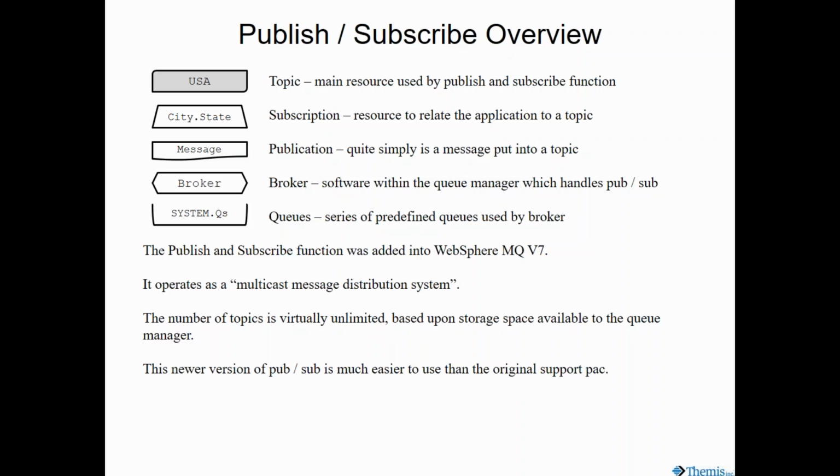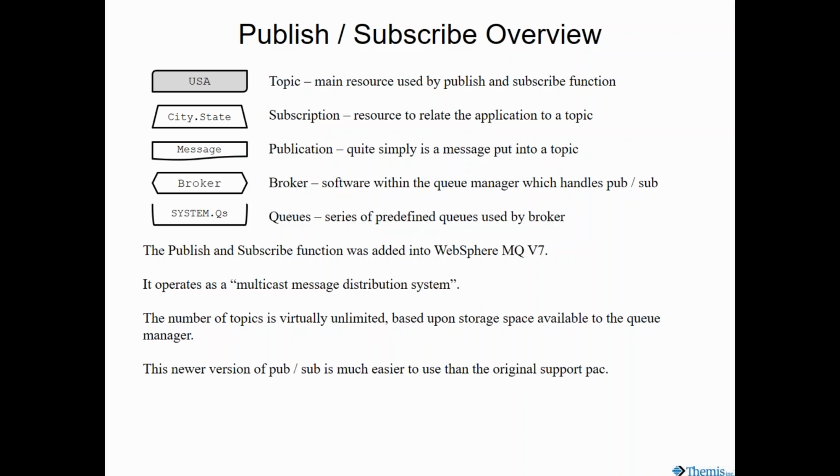As I said, it's been in MQ since version 7, embedded as part of the product. Prior to that, it was a support pack you had to tack on, and the coding was not very friendly. Not even going to get into that. With version 7, they built into the product much friendlier coding.